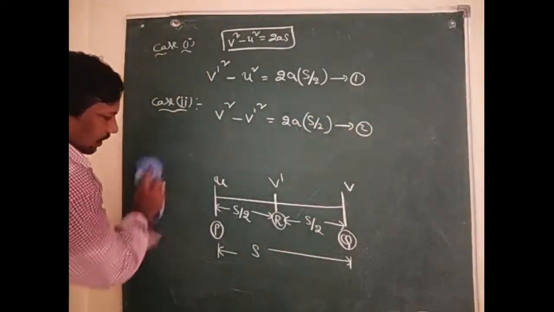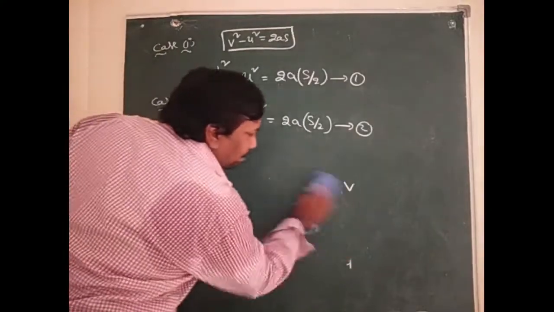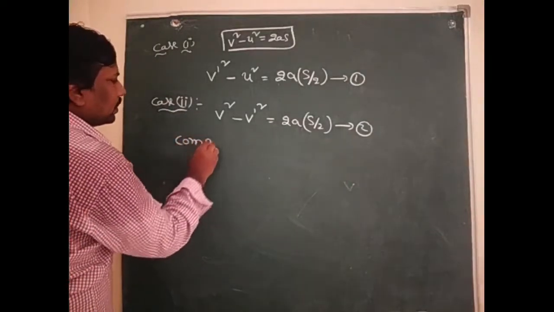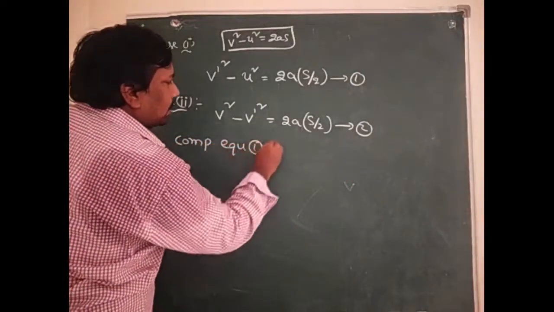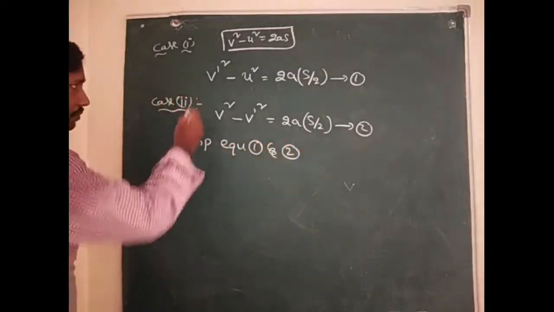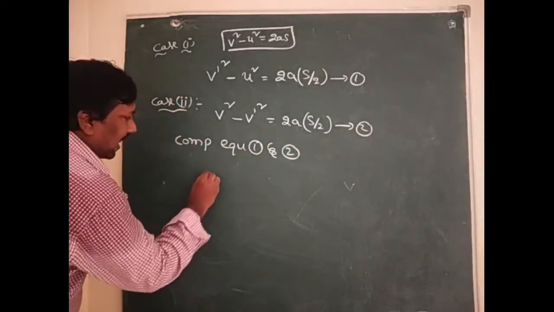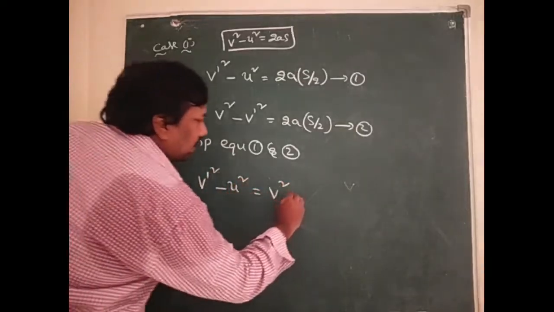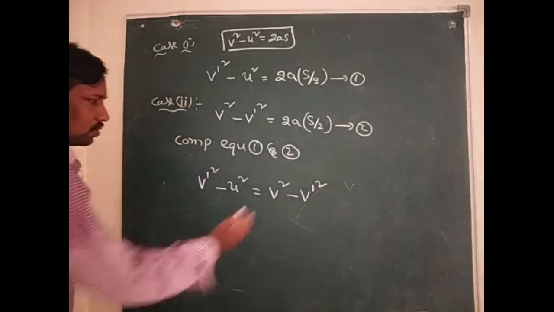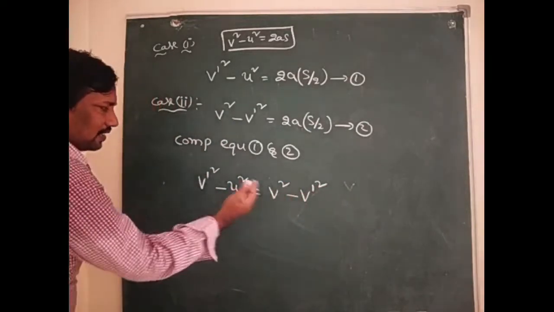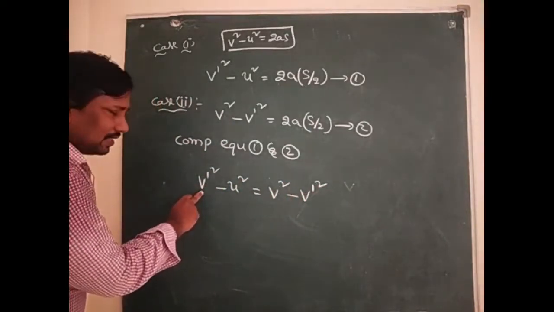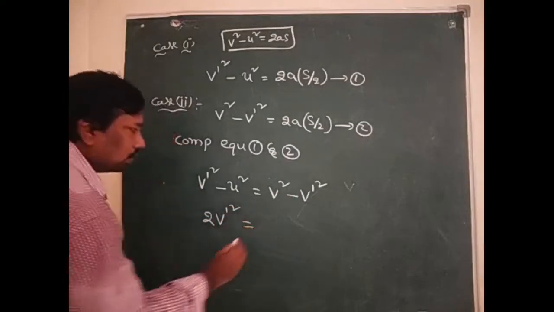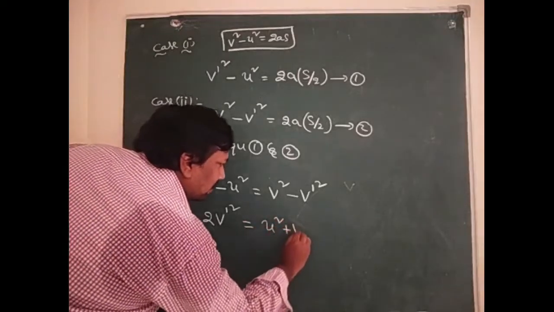Now comparing equation 1 and 2, we get v dash square minus u square equal to v square minus v dash square. So here minus v dash square is moved to the LHS, that is, 2v dash square is equal to u square plus v square.